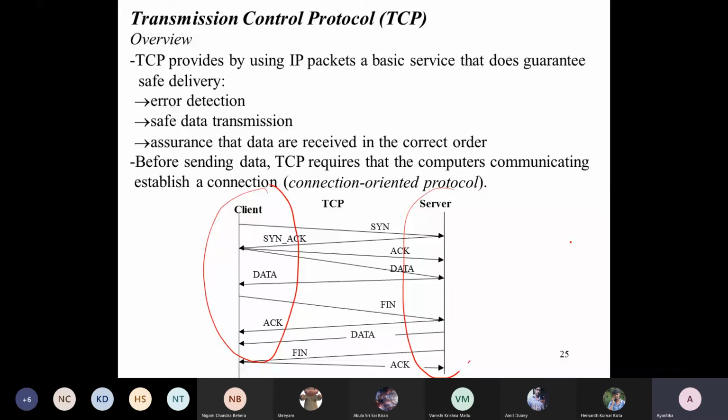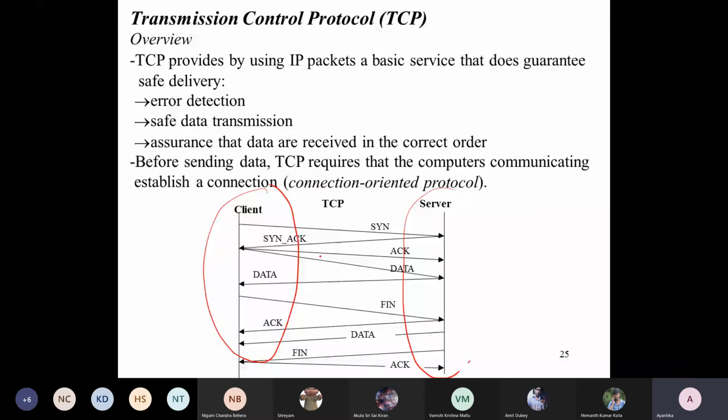I'm not going in this TCP direction because it has some extra overhead. Whenever you are waiting for some acknowledgement, that means you have to create a dedicated transmission session between your client and server.